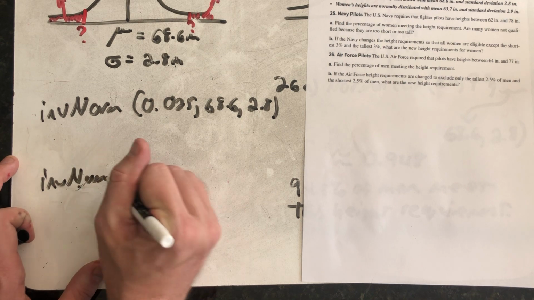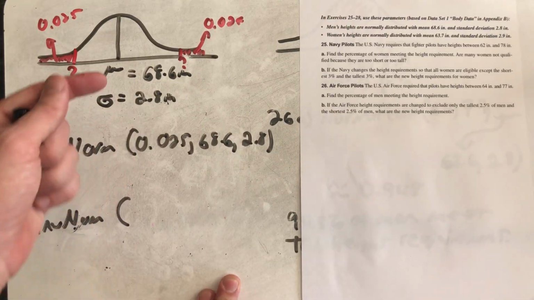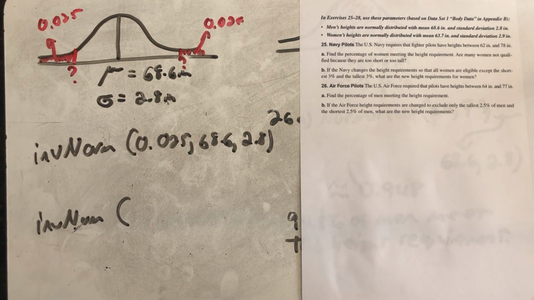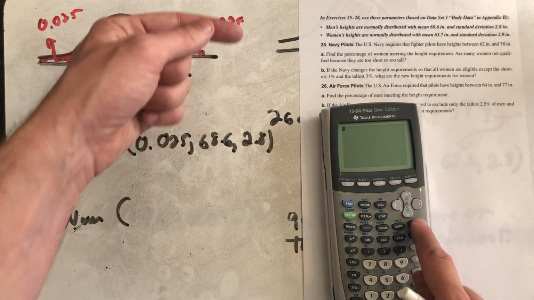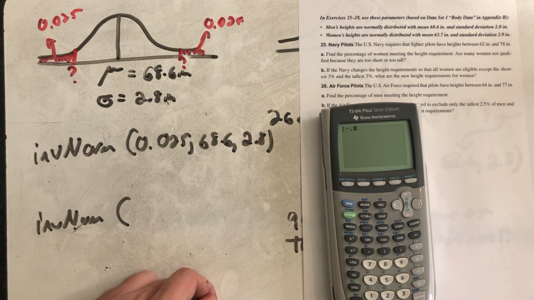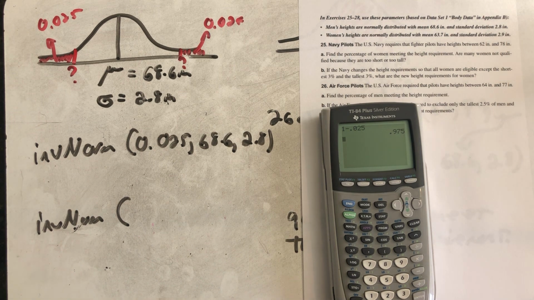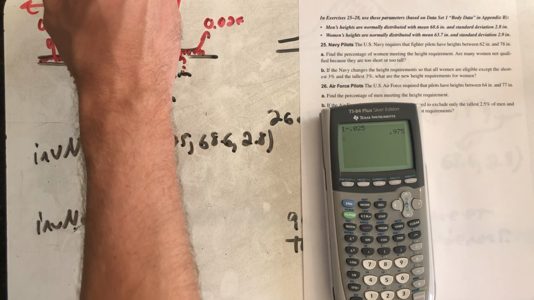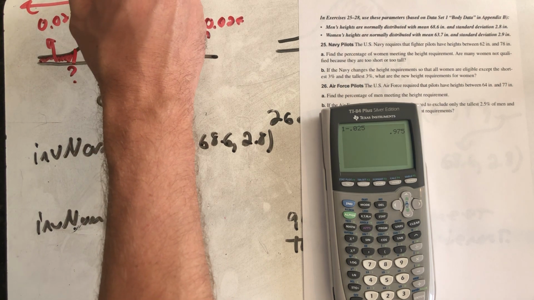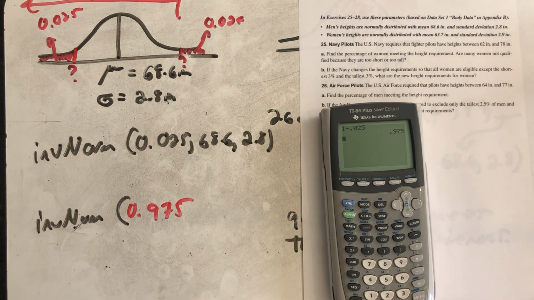Have to be a little more careful for the top bound because 0.025, that's the area to the right, not the left. So I have to think to myself, well, if 2.5% is to the right, 1 minus that is to the left. That's 97.5% to the left. So that's what I'll have to type in to inverse norm, the area to the left.